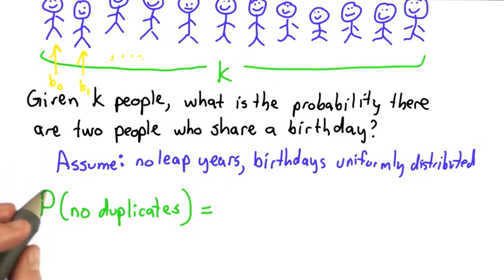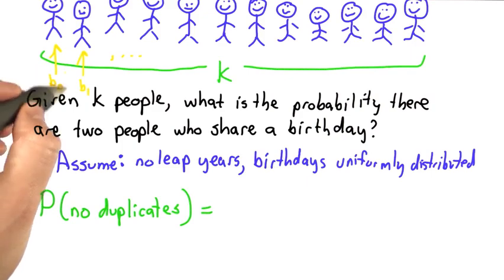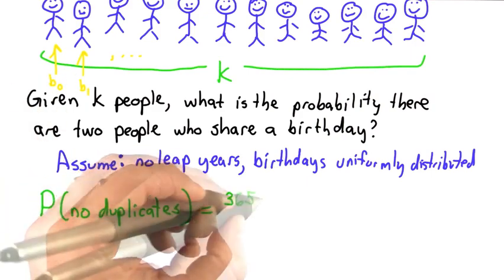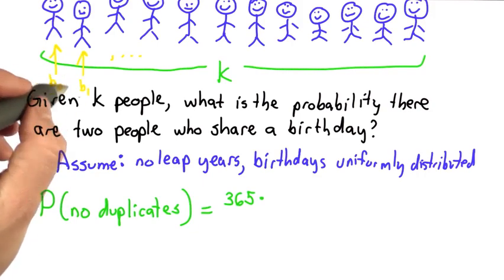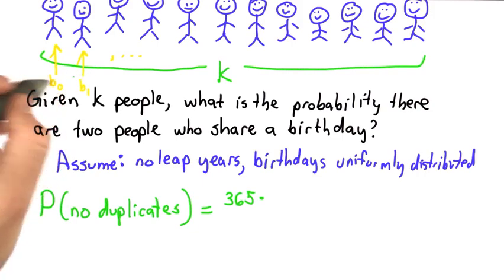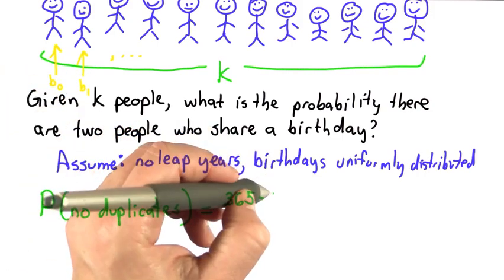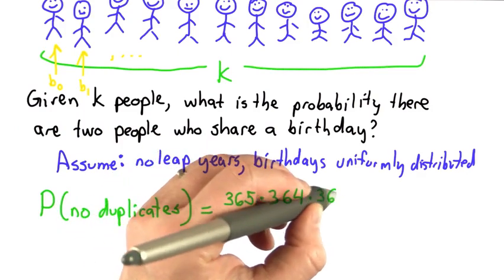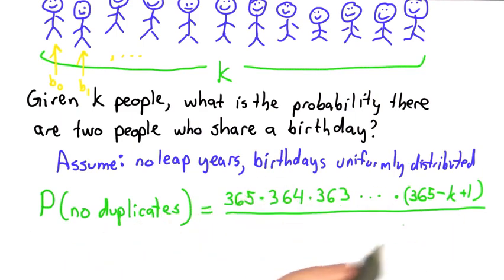In order to assign birthdays with no duplicates, there's a limited number of ways we can do it. We can pick any of 365 days for the first birthday. For the second one, if we want no duplicates, we can't use whatever day we picked for the first one. So it'll be that times 364 times 363 and so forth. And that's the number of ways to assign birthdays with no duplication.